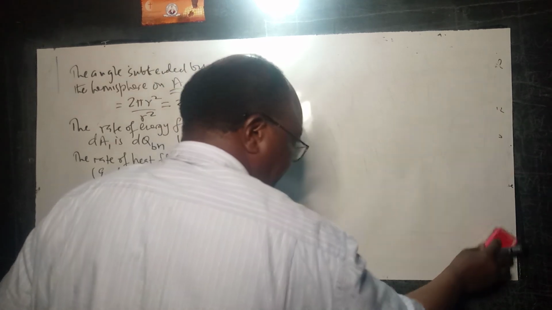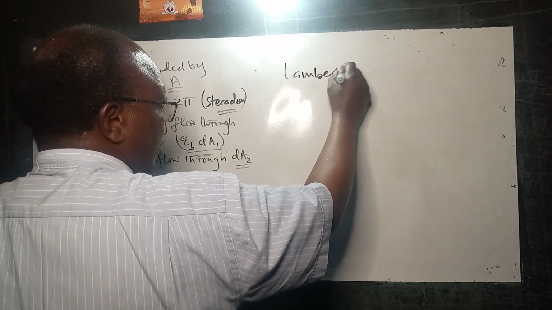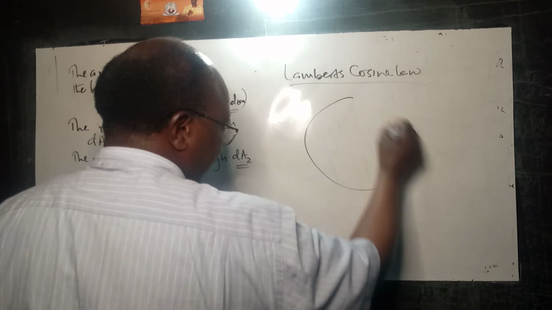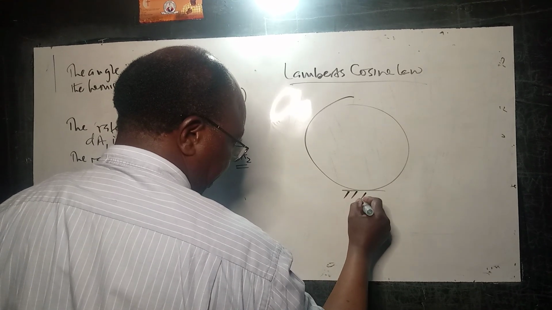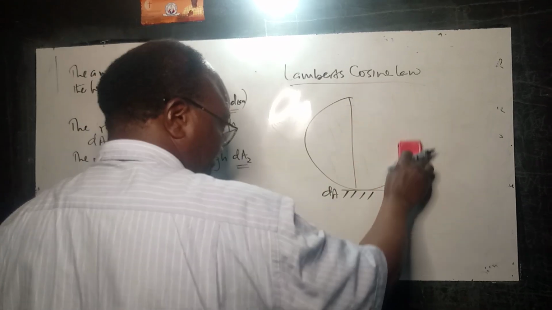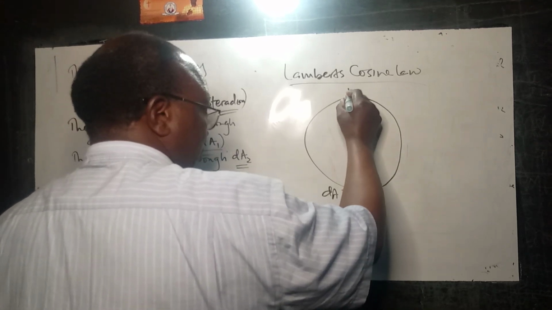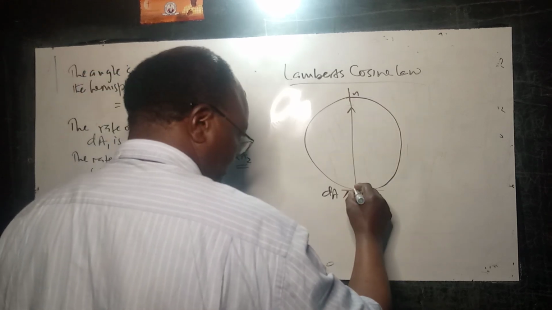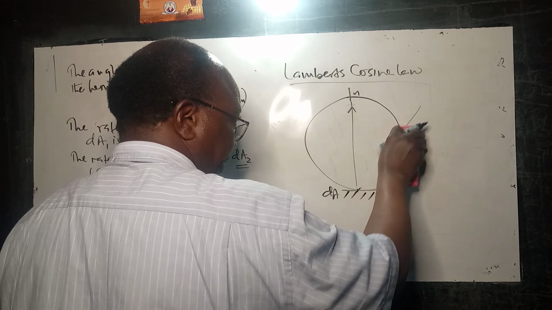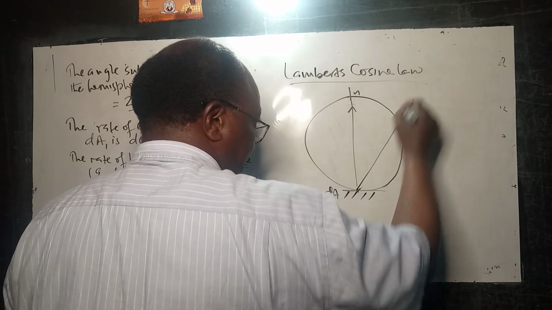And so it is empirical from Lambert's cosine law that when you have this area element dA, try to draw it as best as we can. Like I've already said, they are not drawn to scale. These are just for illustration purposes.